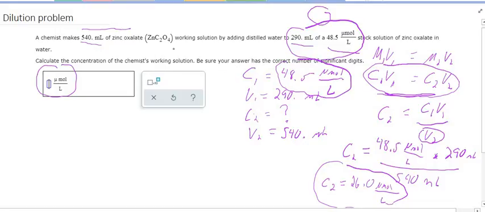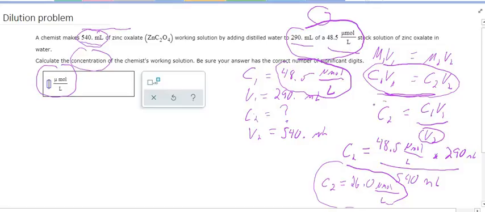So again, to review, you have to find out real quick that it's a dilution problem. I have a volume and a concentration, and I want to get to a new concentration at this particular volume. So recognize that. Know that C1V1 equals C2V2: concentration of 1 times the volume of 1 equals concentration of 2 times the volume of 2.